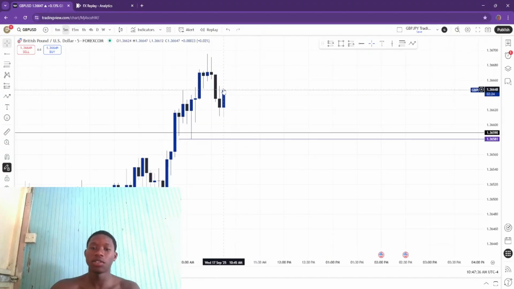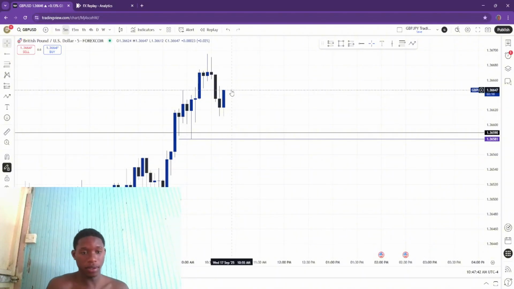Simple. So we're waiting, patiently. When I enter the trade, I'll screen record my phone so you can see me enter the trade.